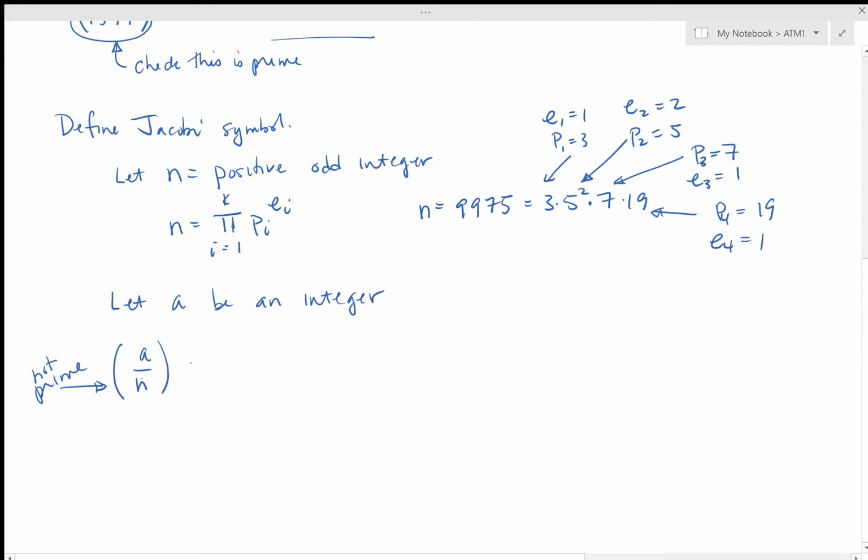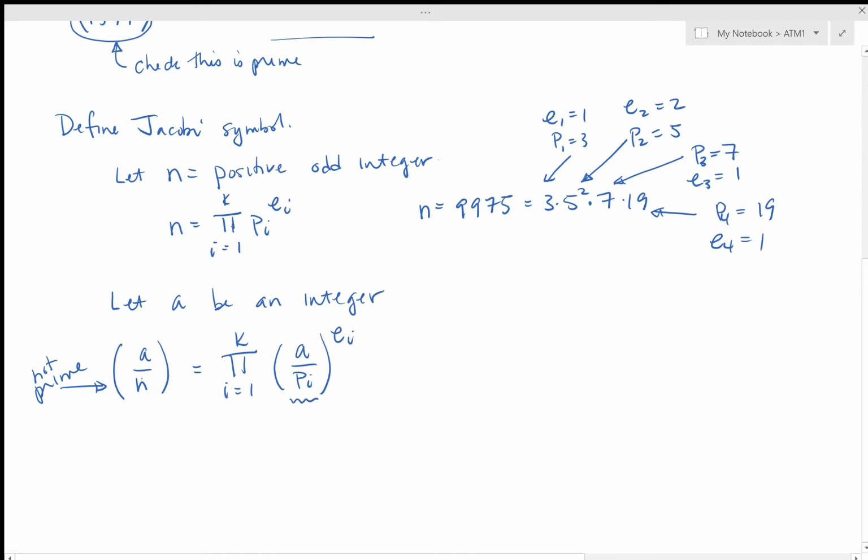I do that as the product of the Legendre symbols in this manner. Let us identify what k is in a second. So here, this is going to be a over p_i to the e_i.